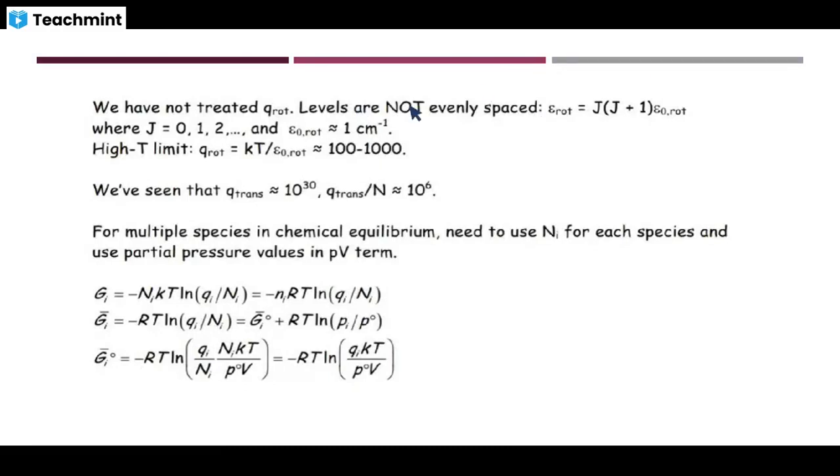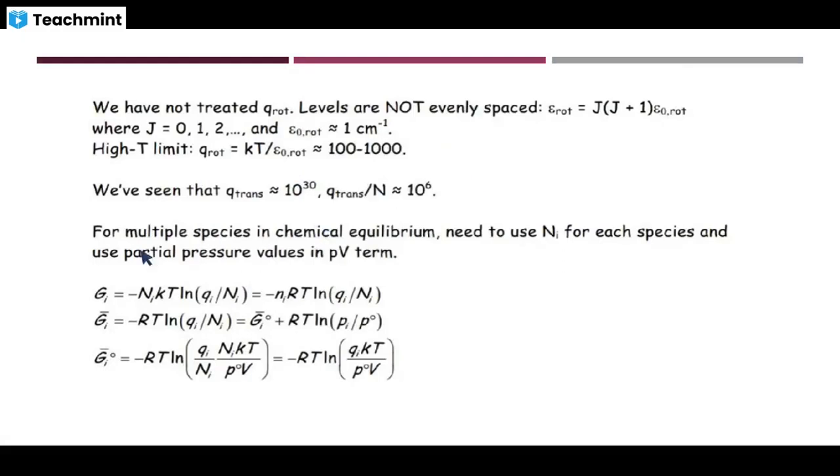Rotational energy has degeneracy J into J plus 1 times E0, where J is equal to 0, 1, 2, 3 and E0 is about 1 centimeter inverse. At the high temperature limit, Q rotational is kT divided by E, so it is approximately 100 to 1000. We have seen that Q translation is 10 power 30 and Q translation divided by N is 10 power 6.